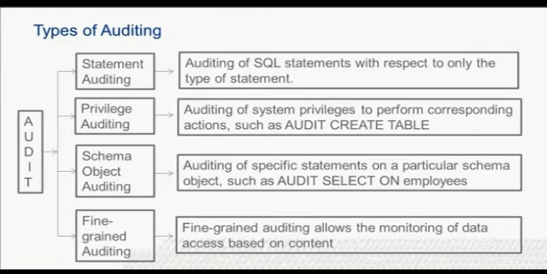Privilege auditing is more focused than statement auditing because it audits only the use of target privileges. We can set privilege auditing to audit a selected user or every user in the database. Schema object auditing is very focused, auditing only a specific statement on a specific schema object. Schema object auditing always applies to all users of the database.